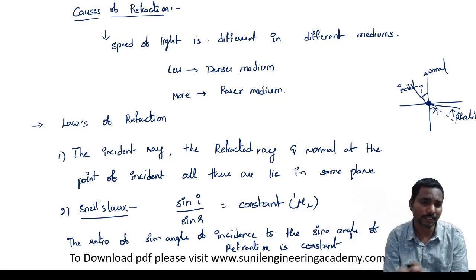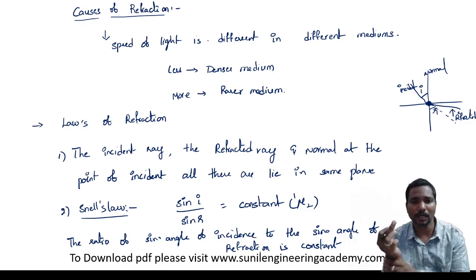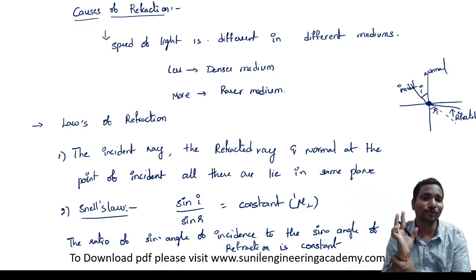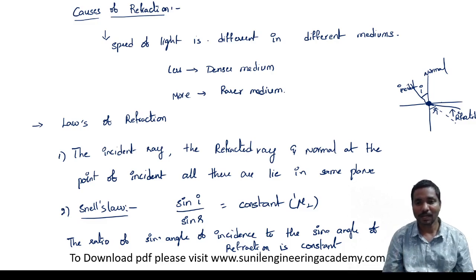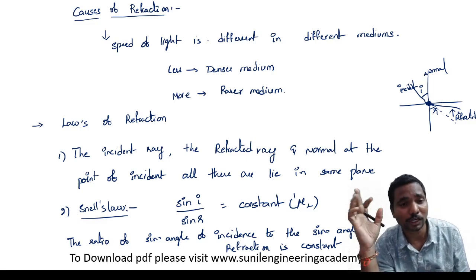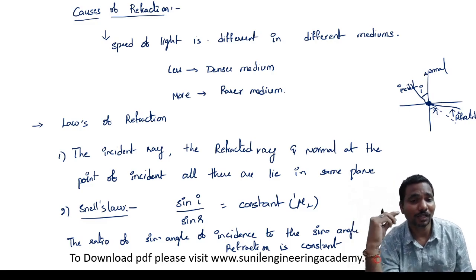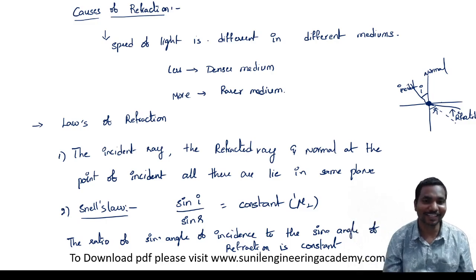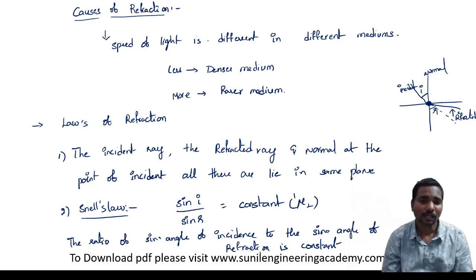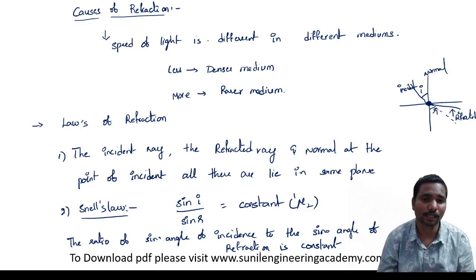After that, we have to discuss the lenses: concave lens, convex lens, and image formation through the lenses. I think we have two more sessions on this light. And we also have interference of light, diffraction of light, and dispersion of light. There are a lot of topics, so don't worry, I will try to complete the light topic.